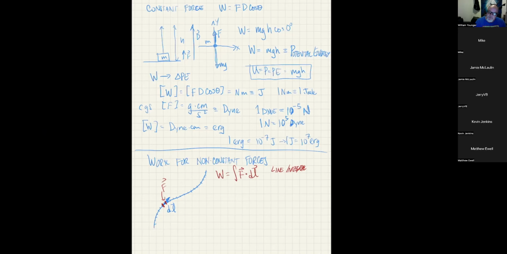Now, the good news is a lot of the forces we deal with in physics are what's called conservative forces. Conservative forces have this neat property that their curl is 0, and because their curl is 0, the line integral from some point A to some point B doesn't depend on which path you take from A to B. You can go straight from A to B, or straight in the Y direction and then straight in the X direction, or straight in the X direction and then the Y direction, or you can go in little loop-de-loops and come back at B and you still get the same answer.